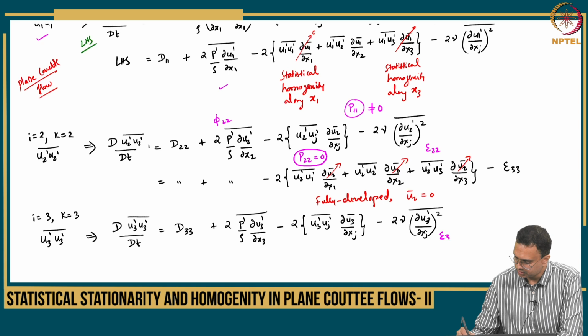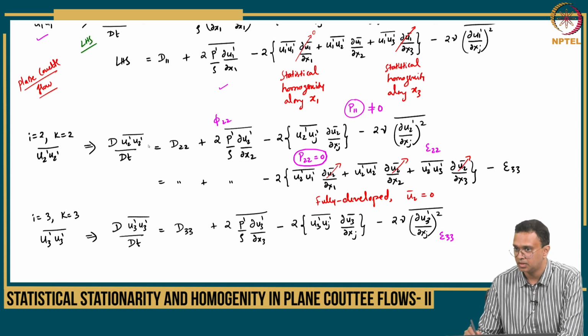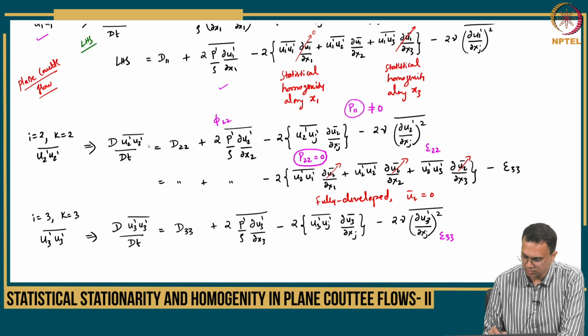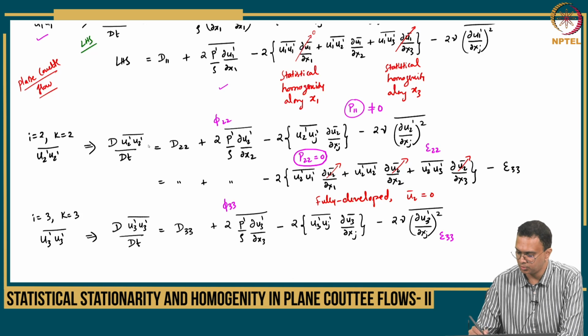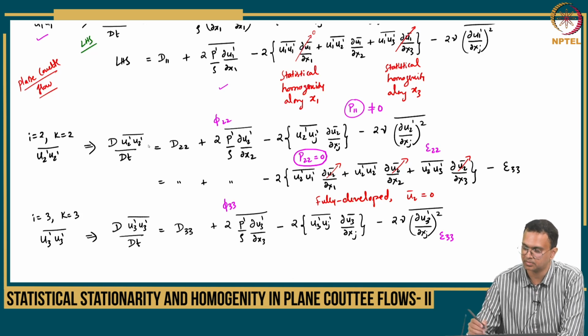This is your epsilon 33. Again there is a destruction rate here, and we also have the pressure strain rate term available, but U3 bar is 0. I don't have to expand here.